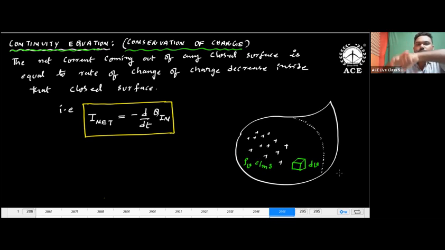On the surface there is an area dA, with the normal direction outwards, beta.